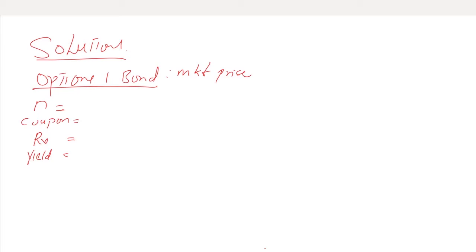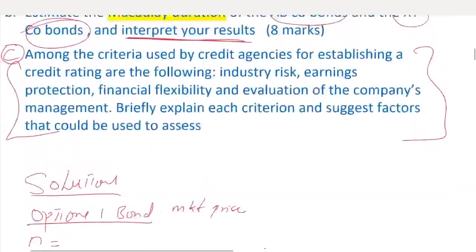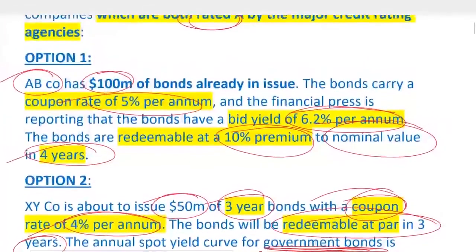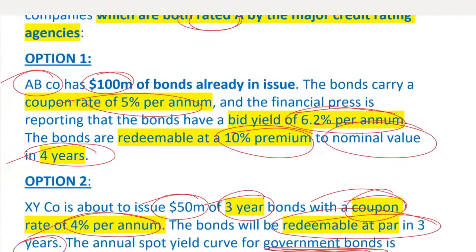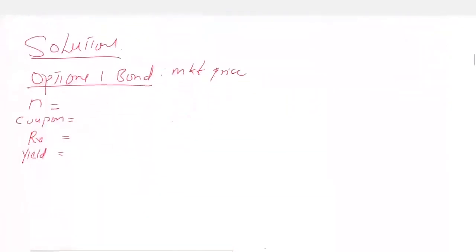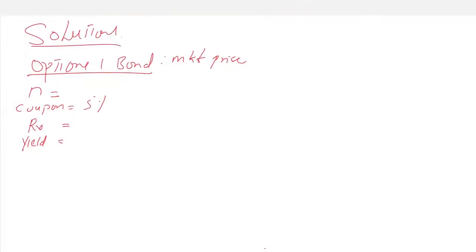So let's look at option 1 bond and see if all these things are given. Examiner says, ABCO has $100 million of bonds already in issue. The bonds carry a coupon rate of 5% per annum. Coupon is 5%. So let's go to our solution kit, and we'll say coupon 5%.